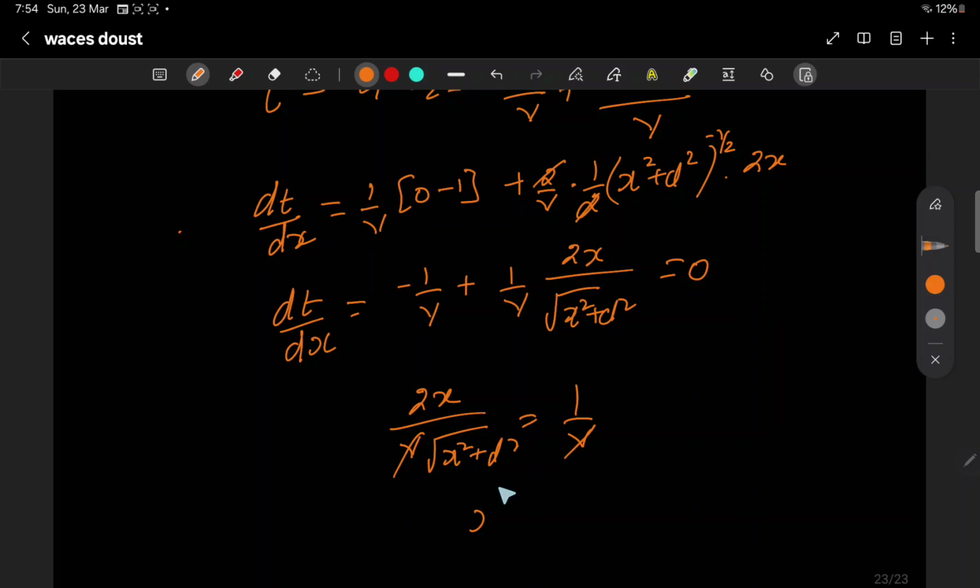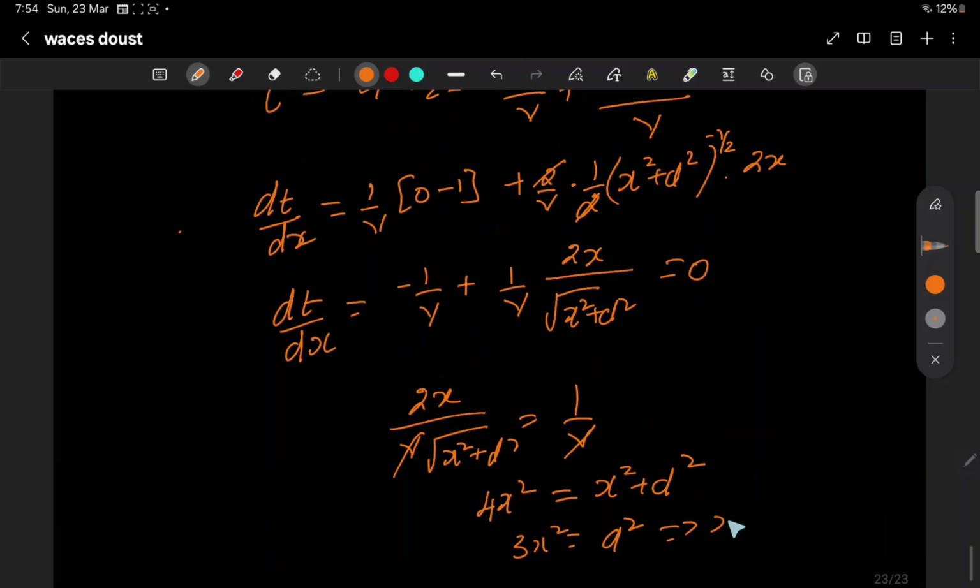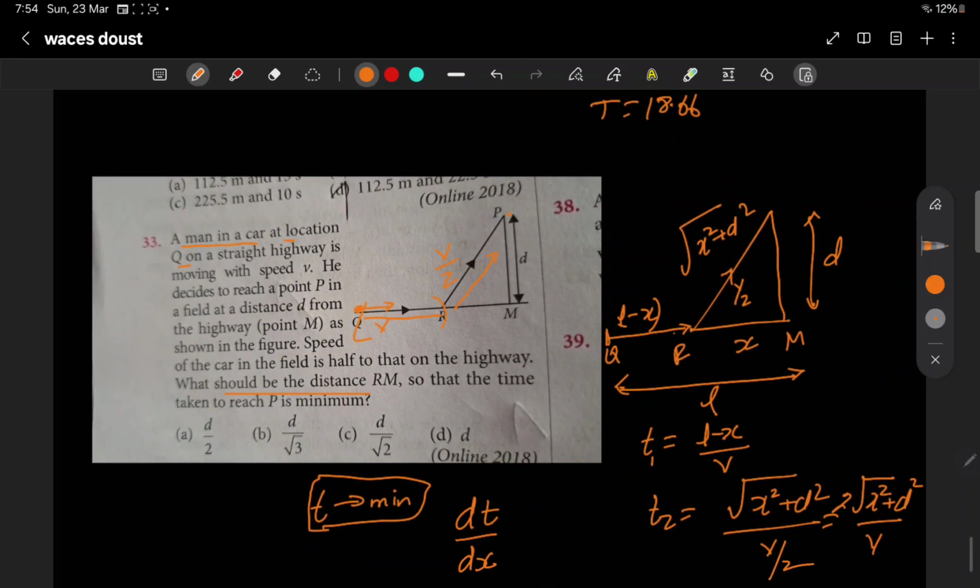What we can do is make square on both sides. Here 1 has come. Squaring both sides, what will we get? 4x square will be equal to x square plus d square. So this becomes 3x square equal to d square, right? So x square is d square by 3, so x is root of d square by 3, which is nothing but d by root 3. Okay, so your answer should be d by root 3.